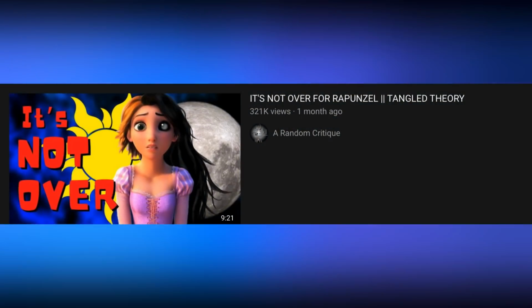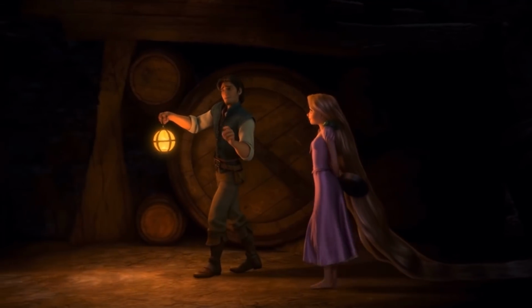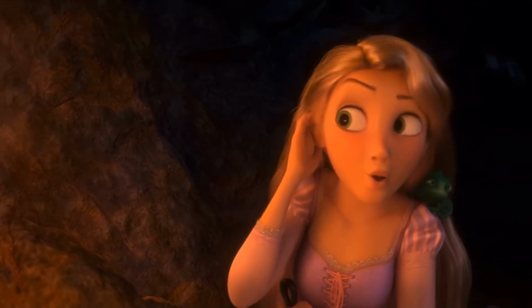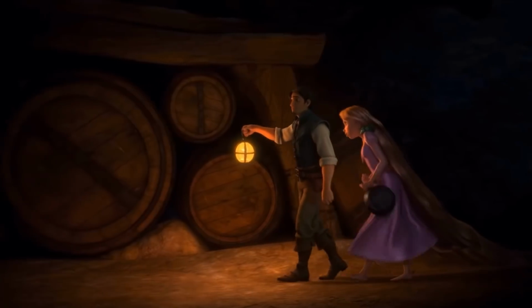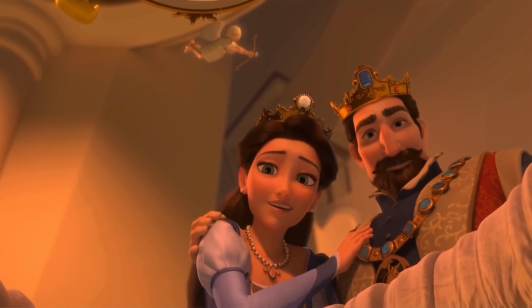Alright, so if you've seen my last video, the video I did on Tangled the series, you would know that there is absolutely no doubt in my mind, or really anyone's mind, that Rapunzel would be the sun element. She is the living manifestation of the sundrop flower.